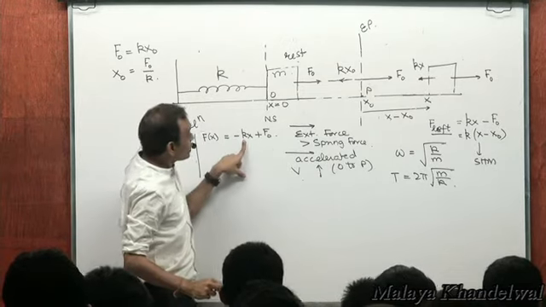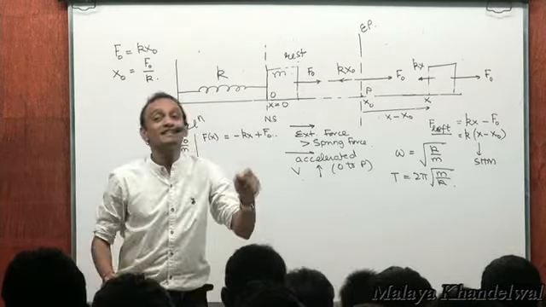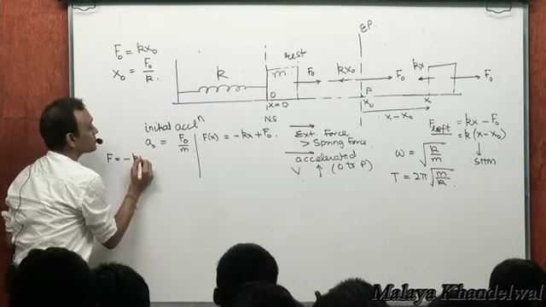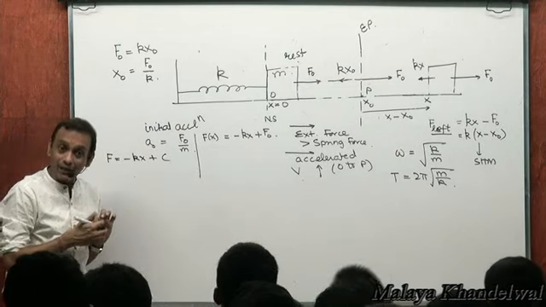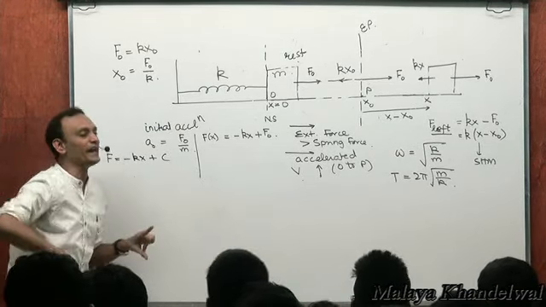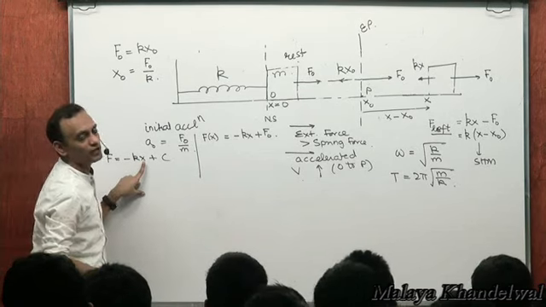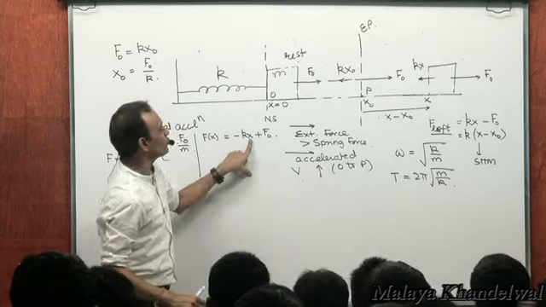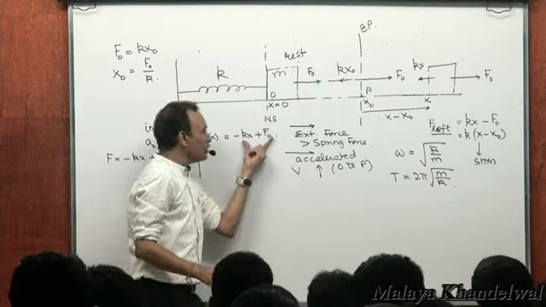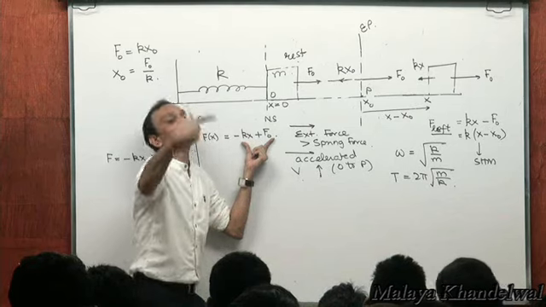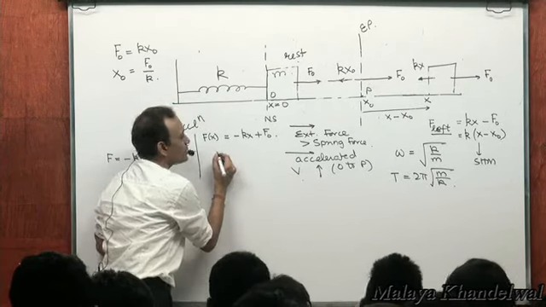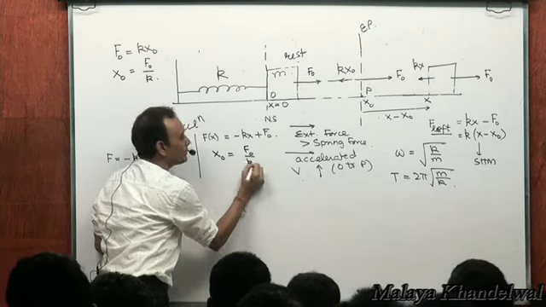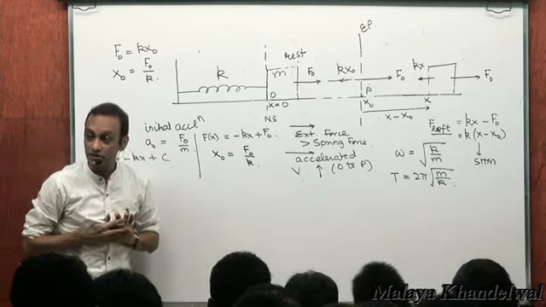So a force description of this kind also represents simple harmonic motion. I told you in the last class, F equal to minus kx plus c will represent simple harmonic motion, with equilibrium not being x equal to 0, but with equilibrium being x equal to c by k. So in this case, the equilibrium would be F naught by k. The value of x for which Fx becomes 0 will be the equilibrium position, right?